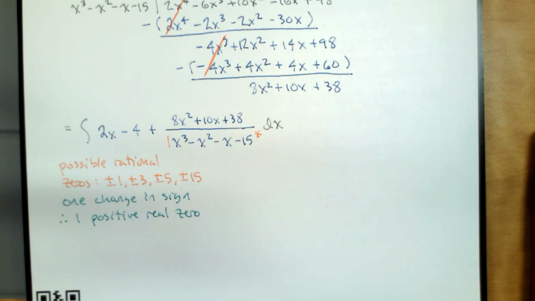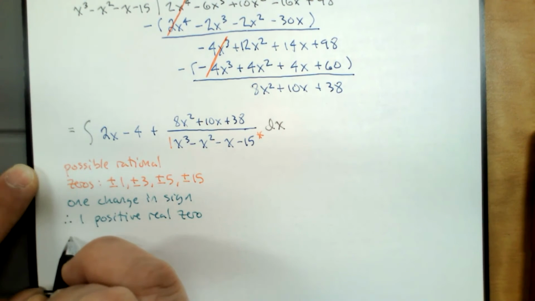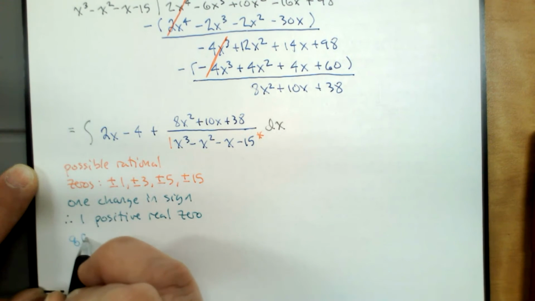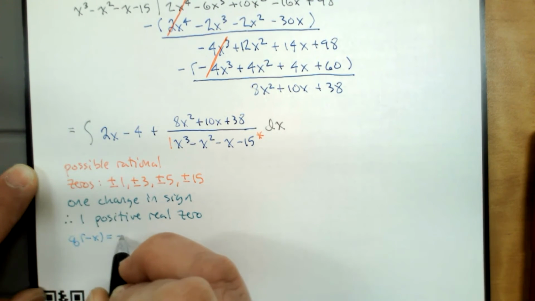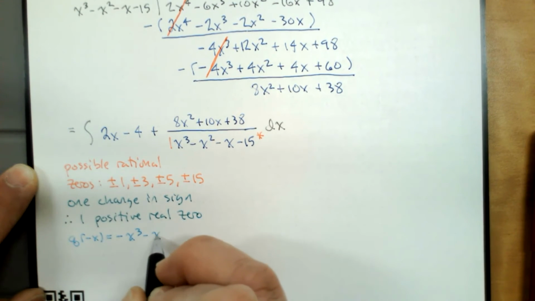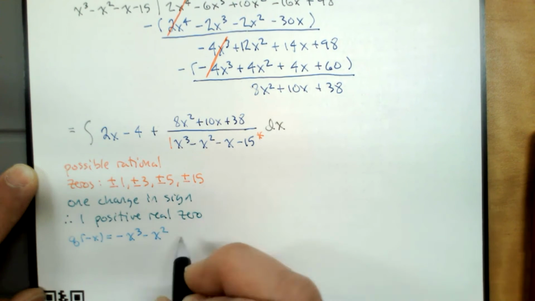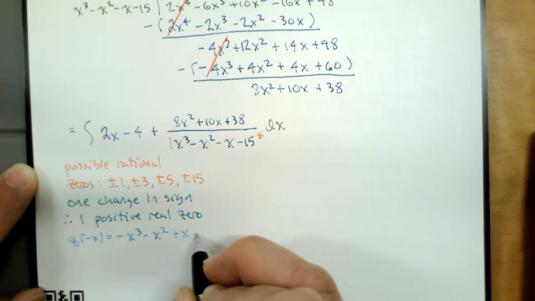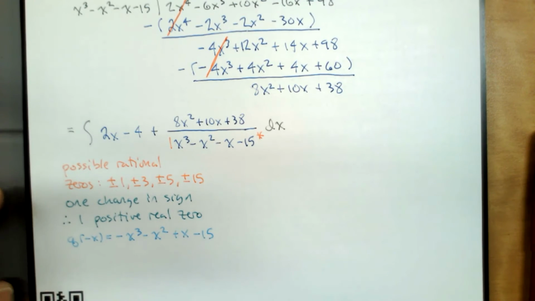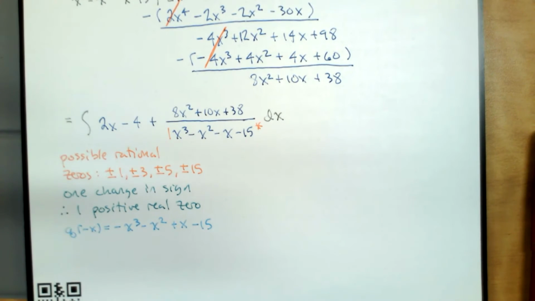If we look at q of negative x, it will be negative x cubed minus x squared plus x minus 15. Descartes' rule of signs further states that if you look at q of negative x, you can also count the changes in sign.